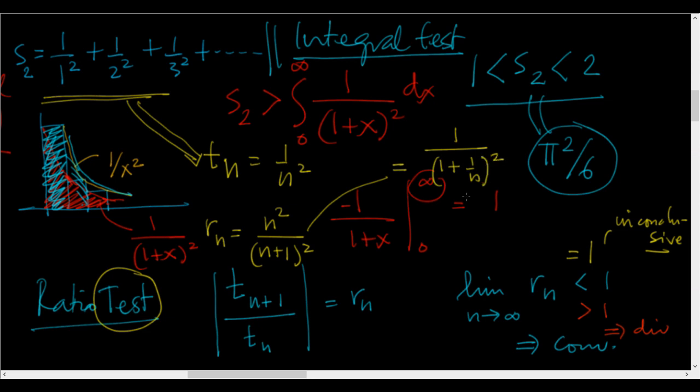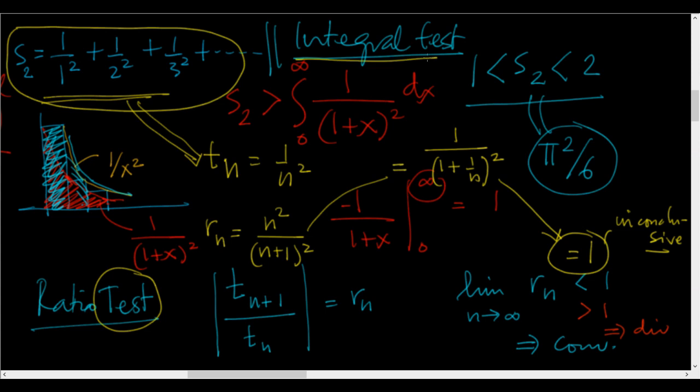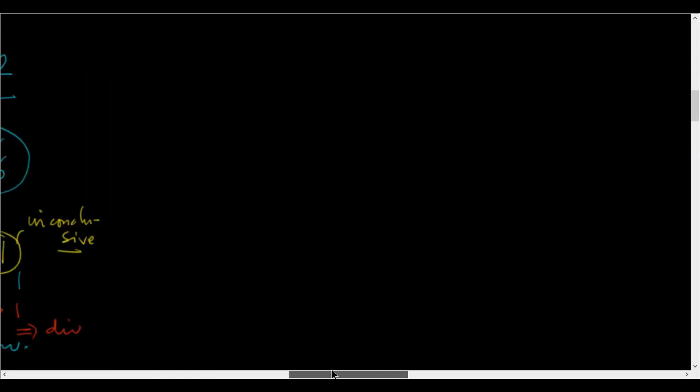And then as we take the limit as n goes to infinity, this ratio is in fact 1. This one corresponds to the equality case. So this kind of series can be settled only with the integral test. It cannot be settled with the ratio test. However, there are other situations where the ratio test is very useful.